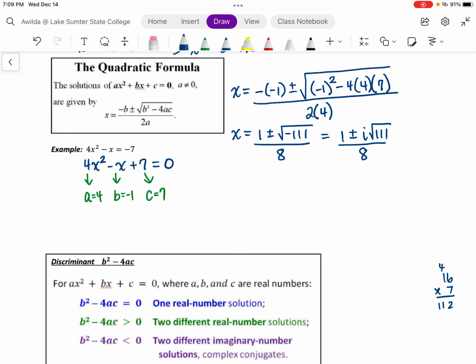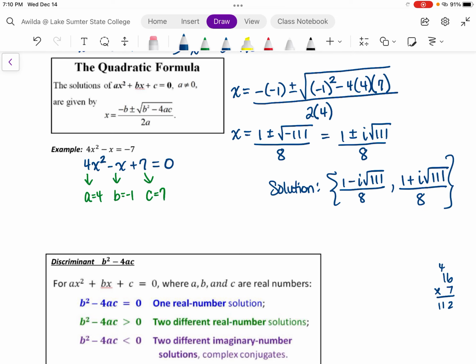Again, these are two separate solutions. The solution set includes the quantity 1 minus i times the square root of 111 all over 8, and 1 plus i times the square root of 111 all over 8.